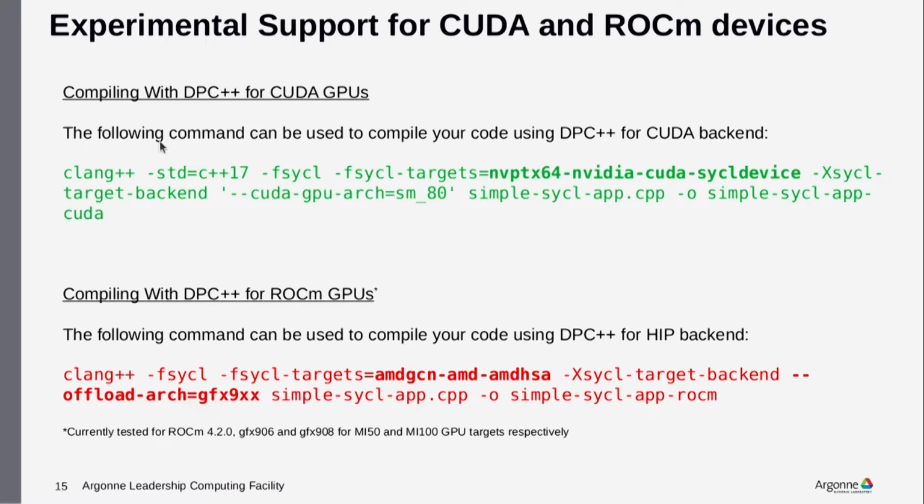So this is just a snapshot of how you can compile a standard C++ code. I need you to pay attention to the C++ standard that we mentioned. This is implicitly defined by the C++ compiler. This is the flag which says that your source code has SYCL, so compile it accordingly.